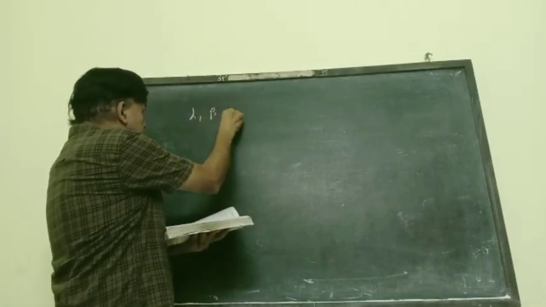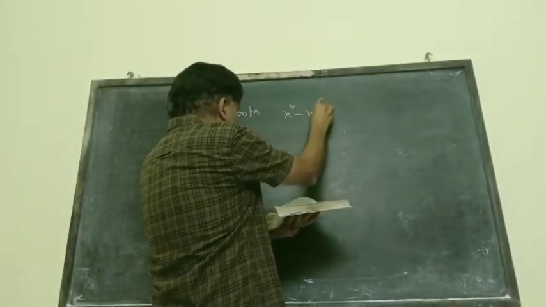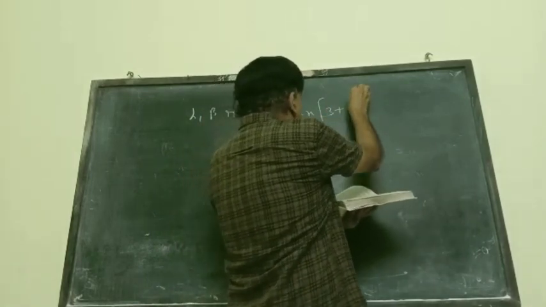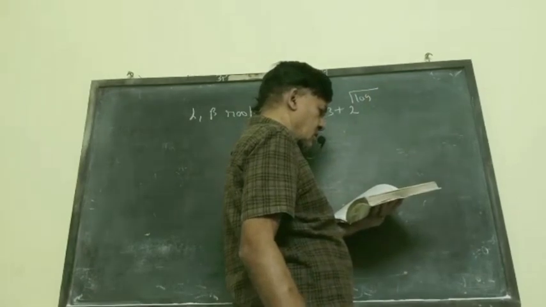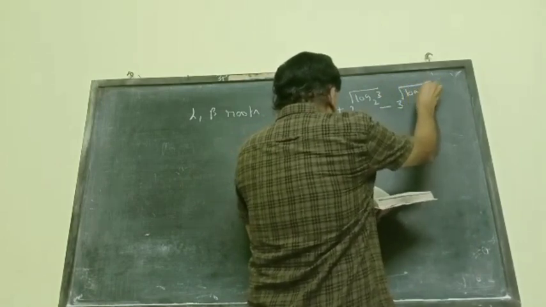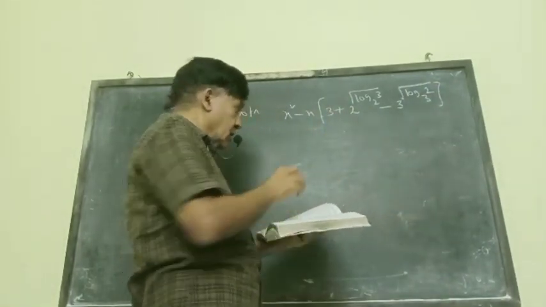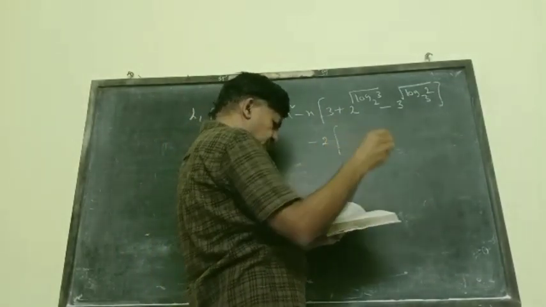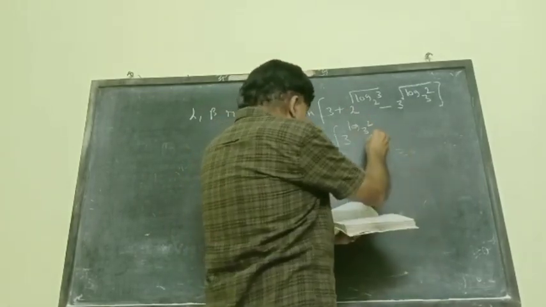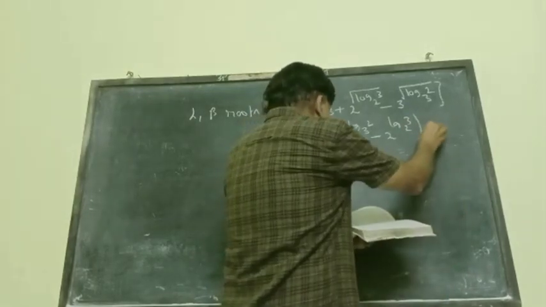Alpha, beta are roots of the equation x square minus x into 3 plus 2 to the power of square root of log 3 to base 2 minus 3 to the power of square root of log 2 to base 3, minus 2 into 3 to the power of log 2 to base 3 minus 2 to the power of log 3 to base 2 is equal to 0.